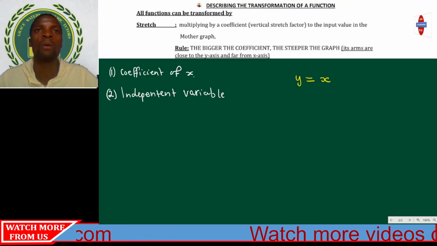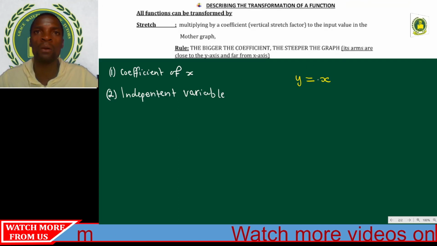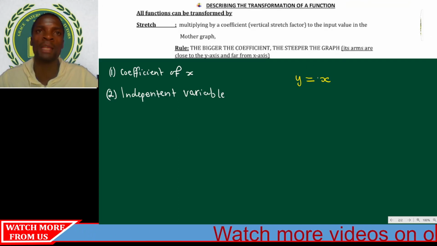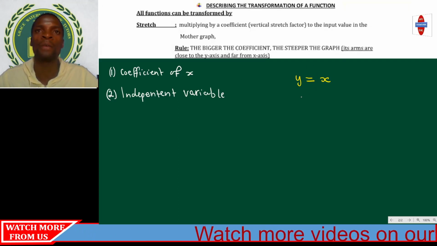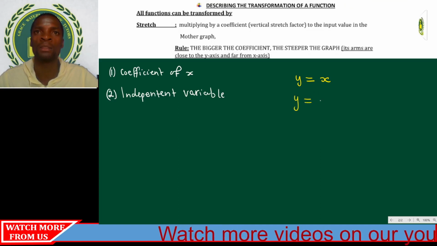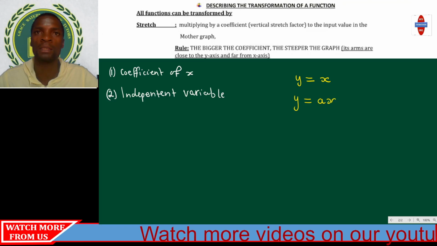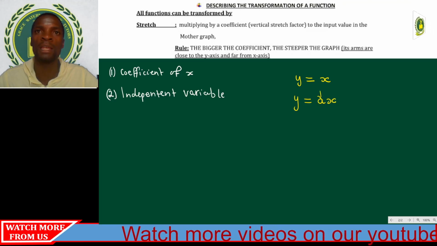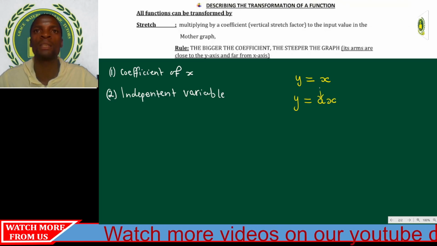Now when I put a coefficient on x, you'd find out that my function becomes y equals ax, where a is any number that's going to act as a coefficient.